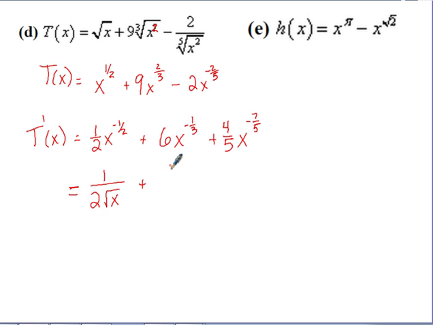No. So it's going to be 6 over cubed root of x. You with me? Plus 4 over 5 fifth root of x to the 7th. And that is your final answer. This is the derivative of t.